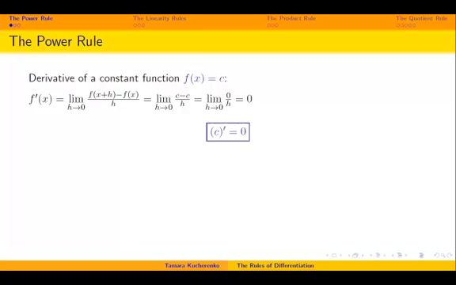We can also visualize the derivative as the slope of a tangent line to the graph of the function. Since the graph of a constant function is a horizontal line and the tangent line at any point coincides with it, the slope must be 0.